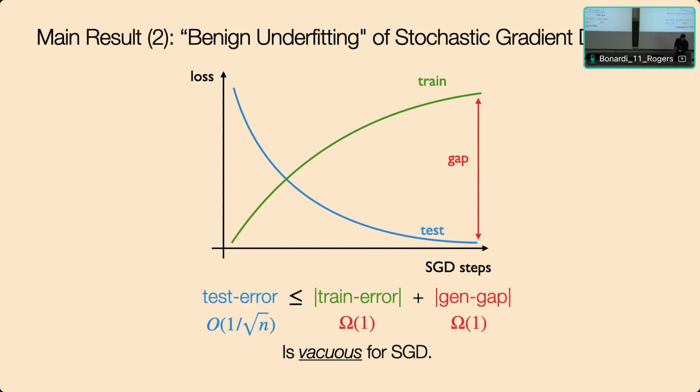What can we conclude? If we use this approach for bounding the test error of SGD, we get a very vacuous bound, because the test error is small. However, the right-hand side is very large, since the train error is very large and the generalization gap is very large. So the sum of them gives a very vacuous bound for the test error of SGD.